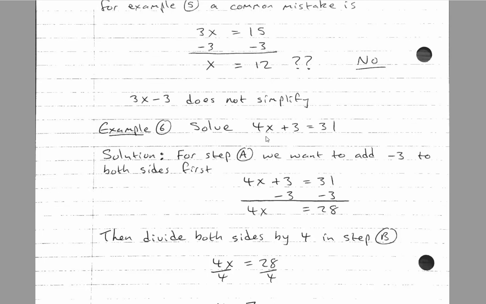So here's a linear equation with addition and multiplication. We always want to do that step A first, adding or subtracting on both sides.